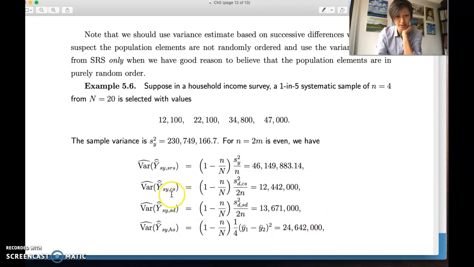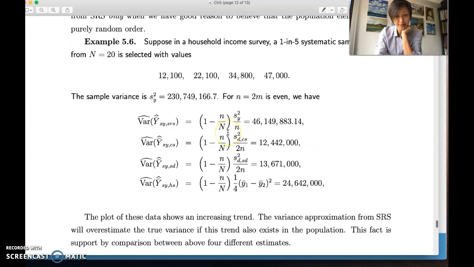Or even if I use the collapsed differences or successive differences method, I also find a substantial reduction in the estimated variance. So we find that actually the data itself has an increasing trend. So the variance approximation from the SRS will overestimate the true variance if there exists an increasing trend in the data itself.